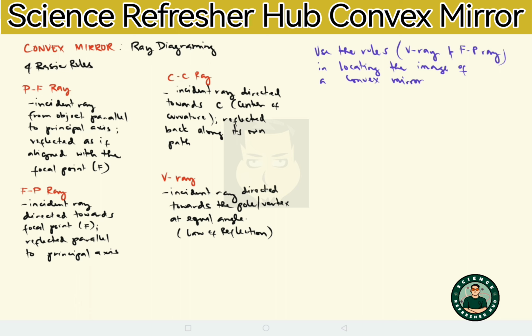But to make our diagramming a bit easier in locating the image of our convex mirror, we can use two of these four basic rules. The first rule, we have the PF ray. P stands for the principal axis, and F the focus or focal point ray.